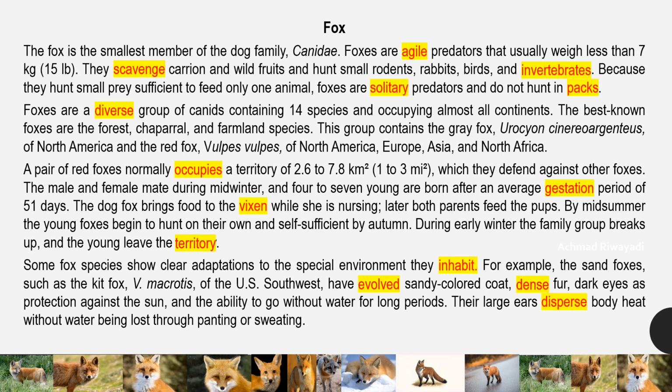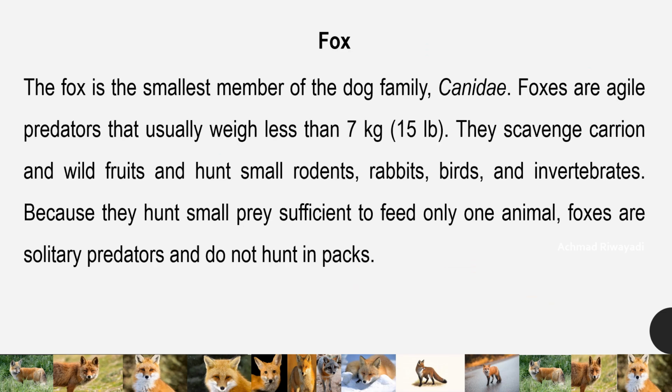Now let's start discussing paragraph by paragraph, sentence by sentence. Let's start the first paragraph. F-O-X, fox. The fox is the smallest member of the dog family, Canidae. Rubah merupakan anggota terkecil dari keluarga anjing.